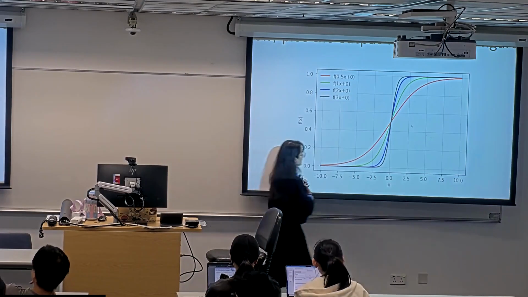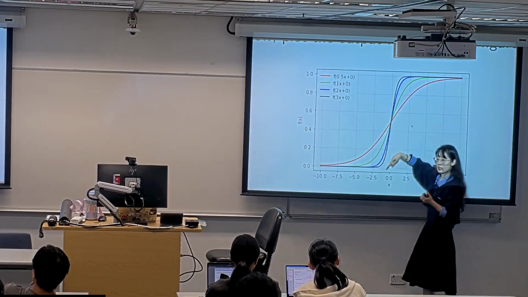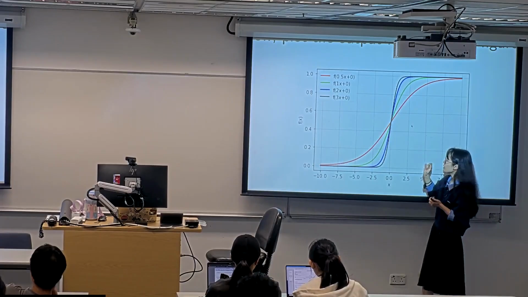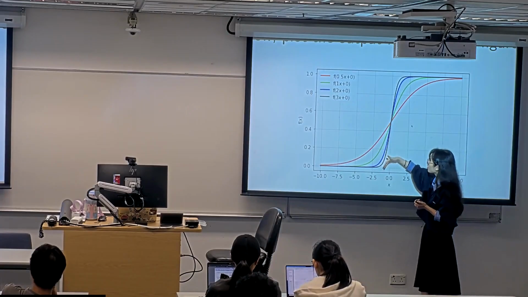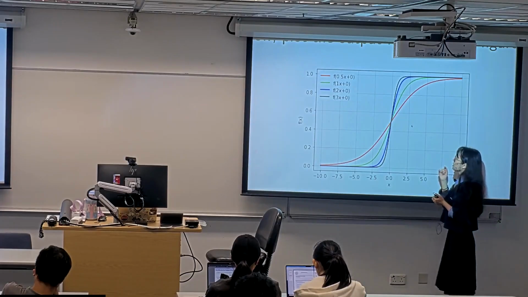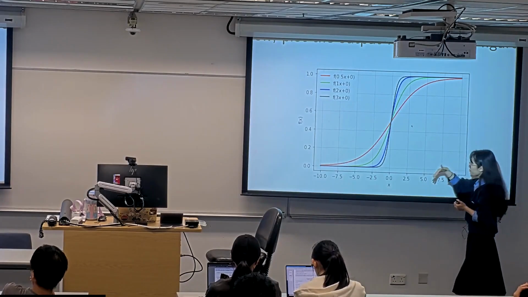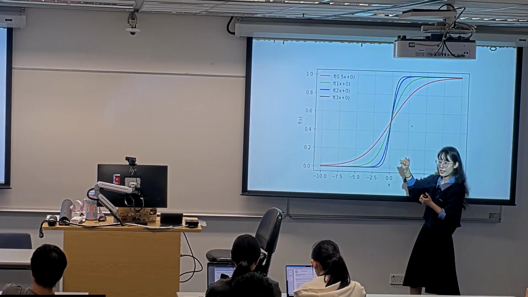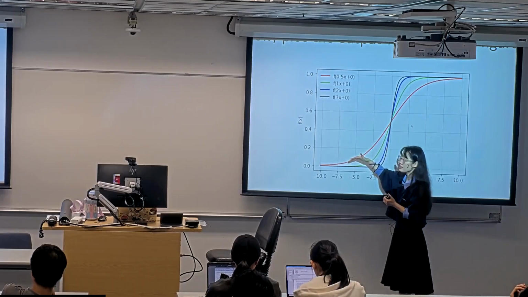So this black curve is f(x) = 3x plus 0. When W takes the value 3, it's the steepest. And if we decrease the value of W, like the red line here, f(x) = 0.5x, it is the least steep.